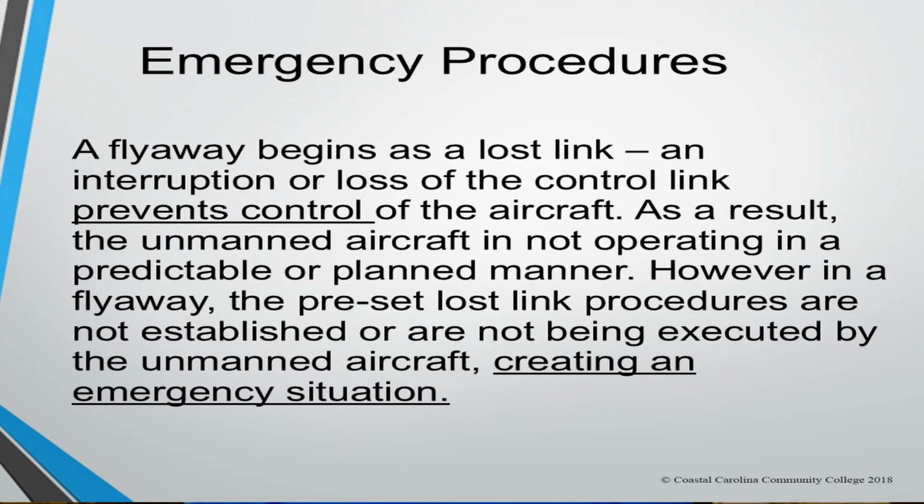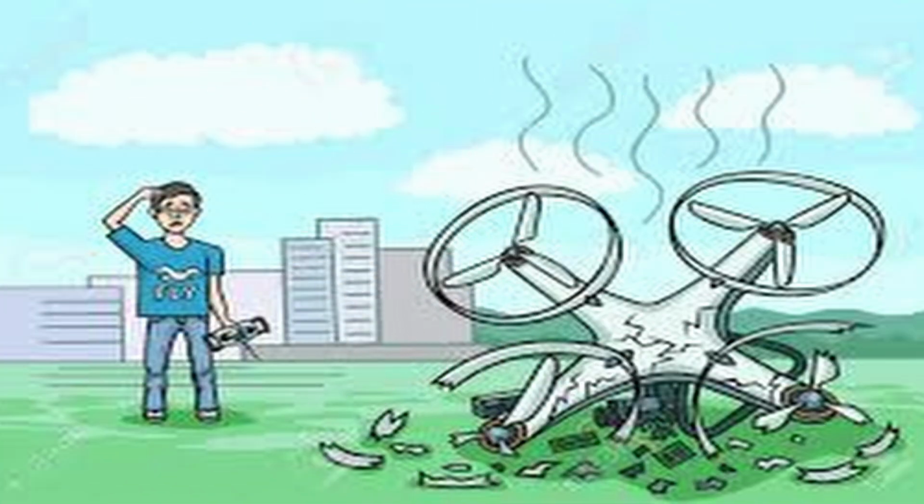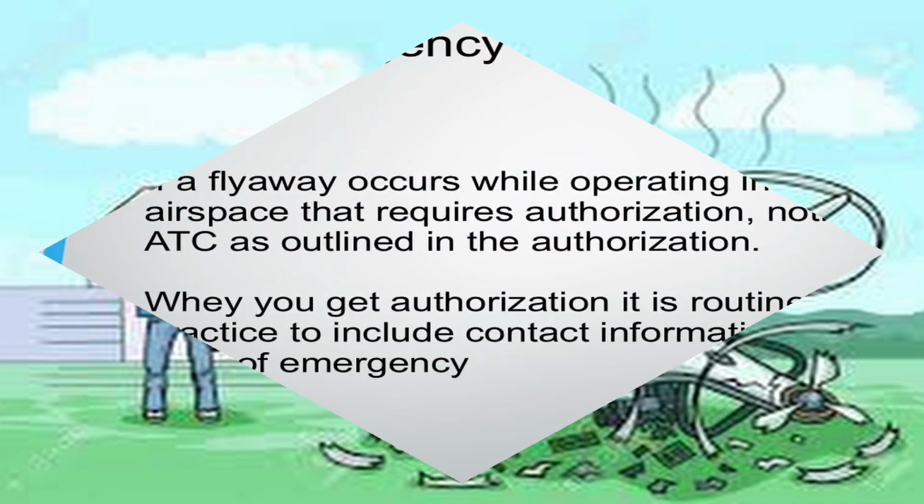However, in a flyaway, the preset lost link procedures are not established and are not being executed by the unmanned aircraft, creating an emergency situation. You have totally lost control of your drone. It probably will not activate return to home, and it will fly where and when at whatever speed it chooses to because it is out of control.